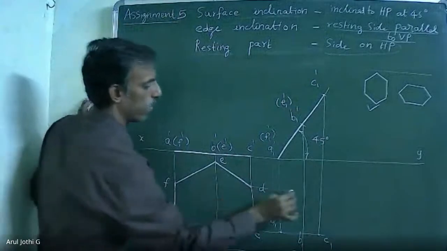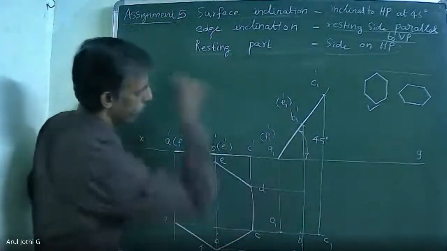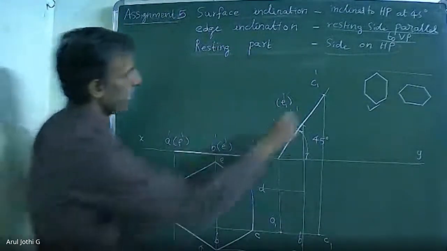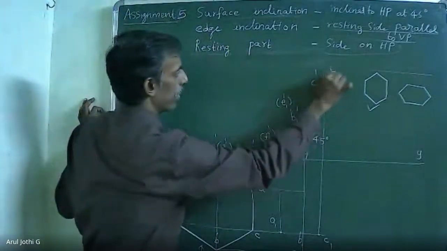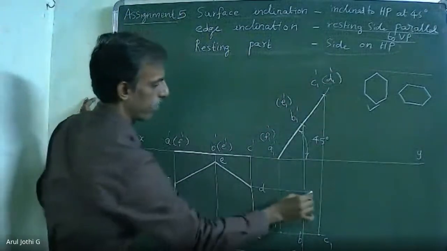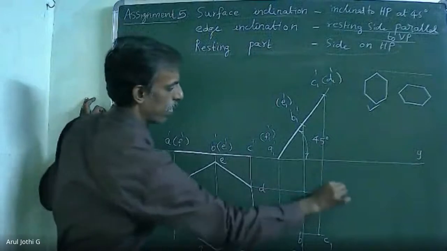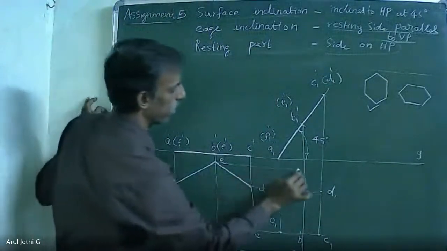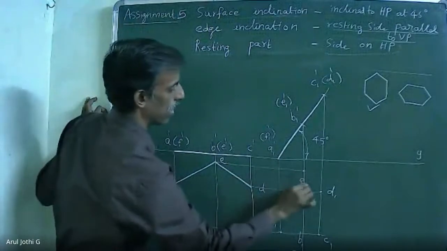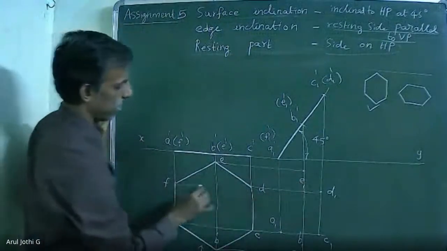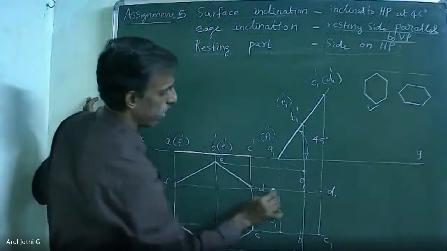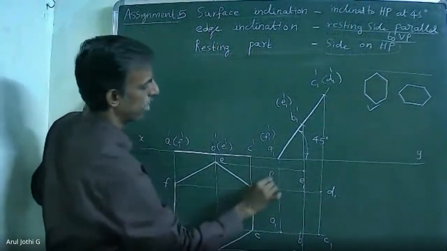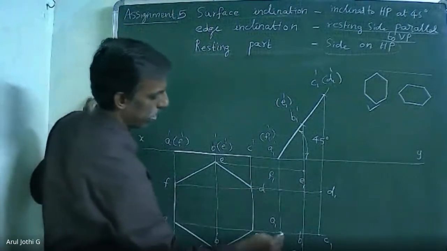Then extend corner point D, and D is available here. D1. Then extend the corner point E. Then extend the corner point F. So join all the corner points.